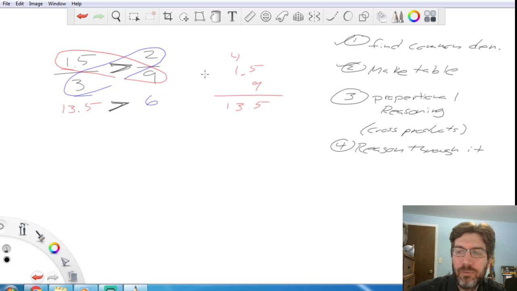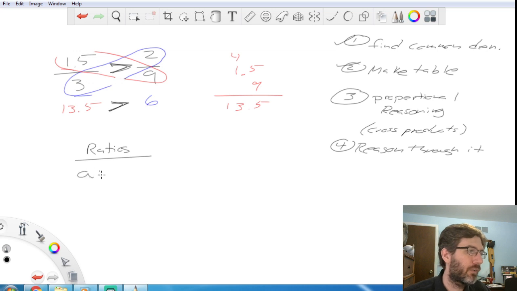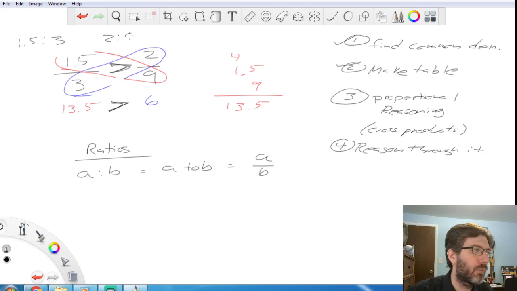Does it mean the colon or the fraction line? The colon can be a fraction line. If you remember your fractions or your ratios, right, you can write them three ways. You can write it as a to b, which is the same thing as a colon b, which is the same thing as a over b. So for this one, you were given 1.5 colon 3 and 2 colon 9.